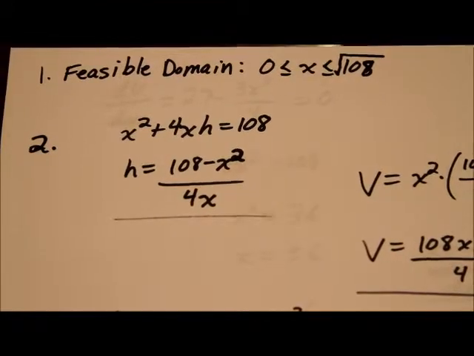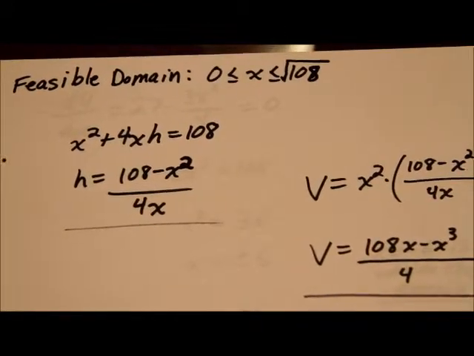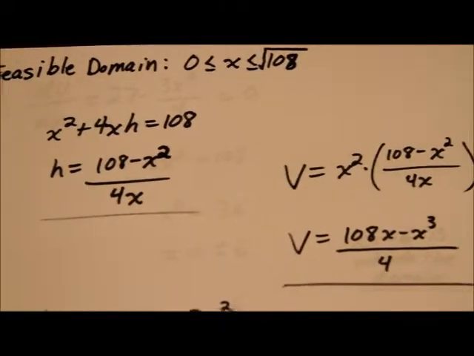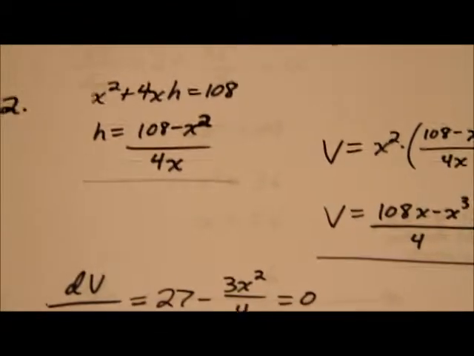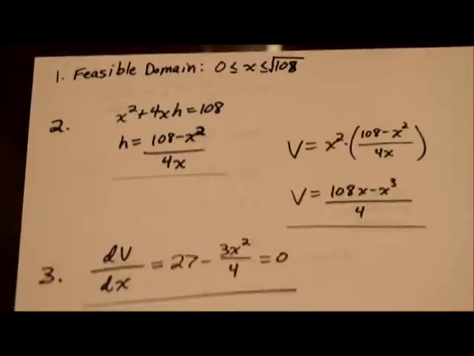Now x is going to be way less than the square root of 108, because if x were actually the square root of 108, we would have a really flat box.